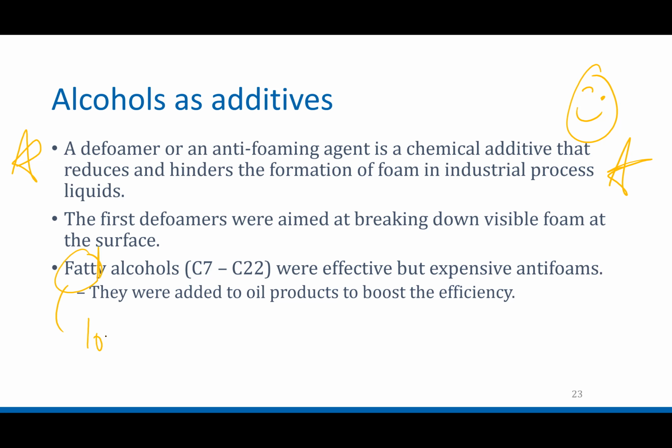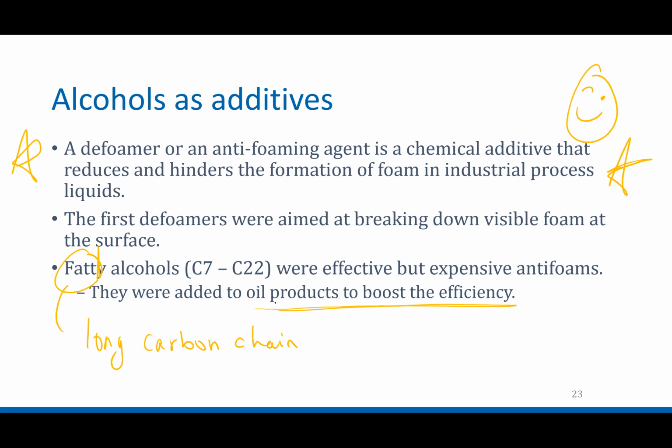So fatty means long carbon chain. Alcohols that have a long carbon chain can act as a stabilizer to reduce the foaming. They can reduce the emulsion between the oil and gas. So they were typically added to oil products to boost the efficiency.